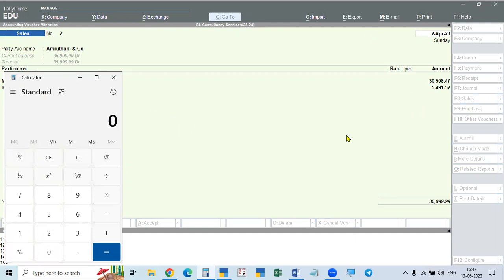So the total amount payable to us is 36,000 rupees. Out of that, 36,000 minus 305, so 35,695 only he will pay to us.